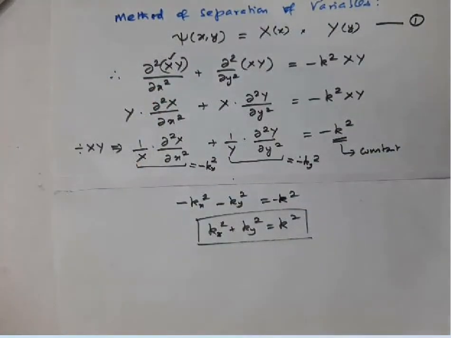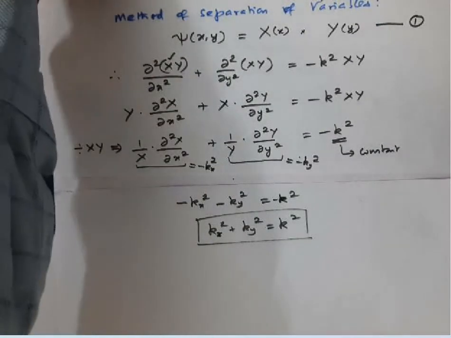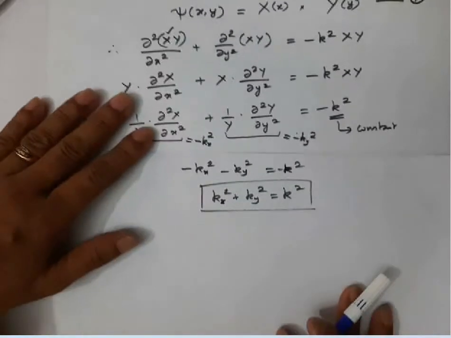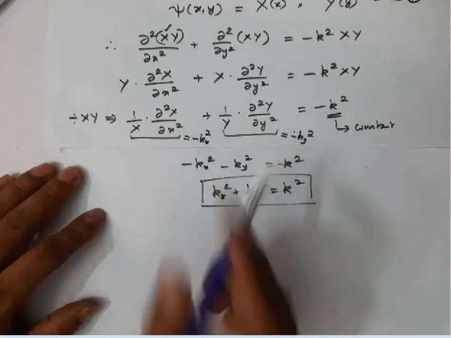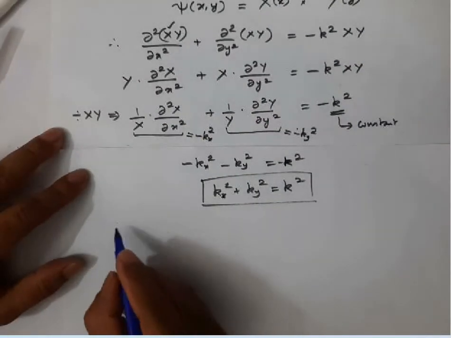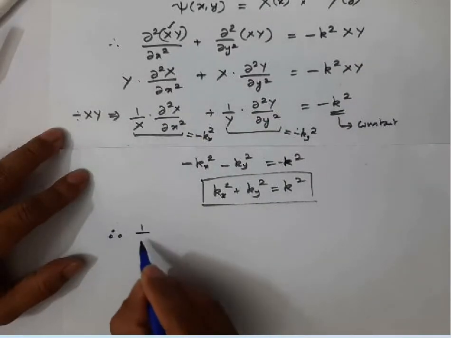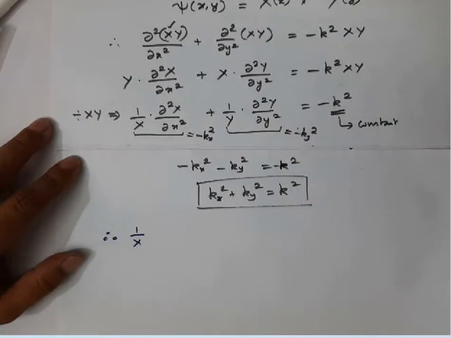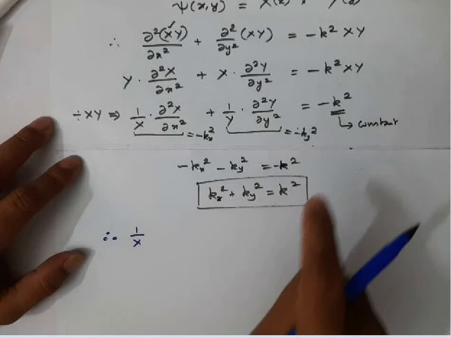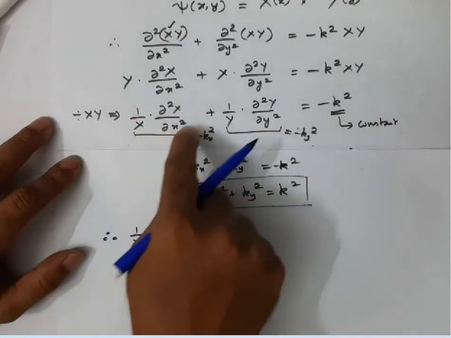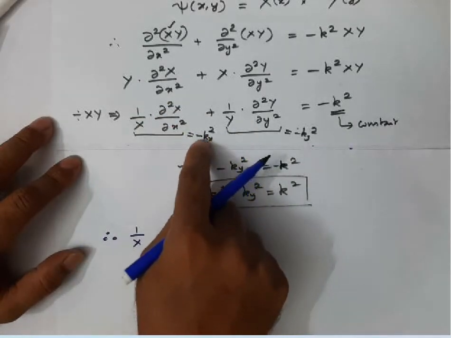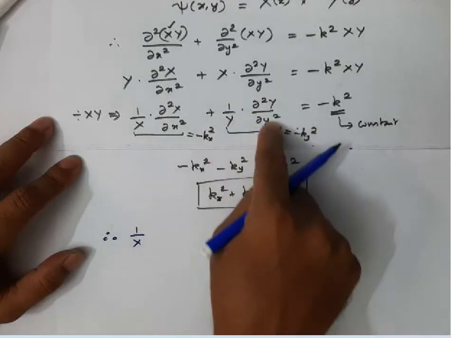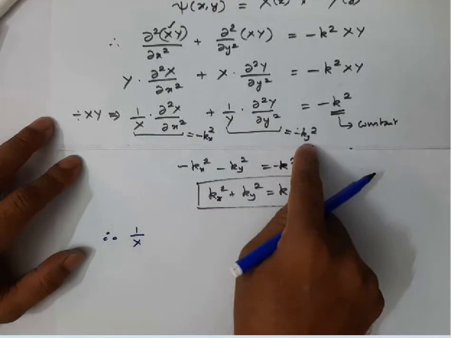So if you use this idea here, now this becomes equal to minus kx². So therefore 1/x, in order to make this equation valid, you must put this quantity to a constant minus kx², and you must put this quantity to a constant minus ky².